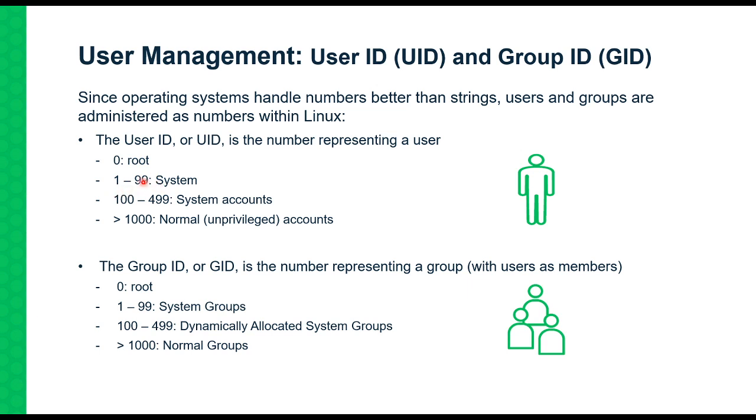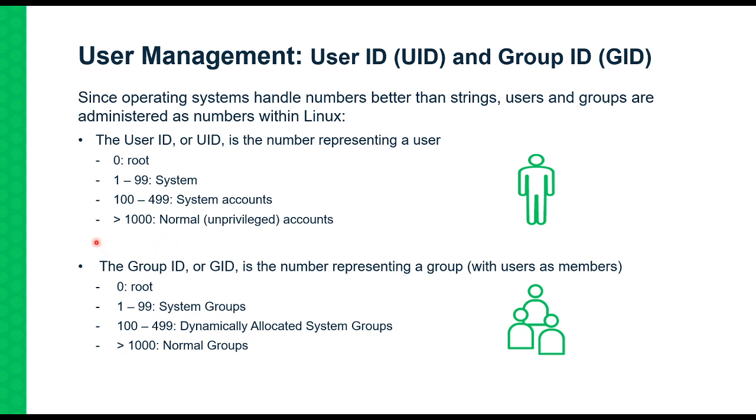Then system accounts will be using 100 up until 499. And then our normal users, the users that we will be creating, will start from 1000 upwards. For example, our user Tux is the first normal user, and that should be 1000 if it was chosen automatically.